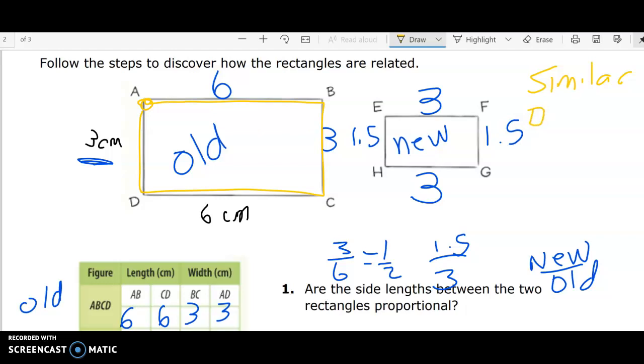So rectangle ABCD is similar, that's the phrase for similar, triangle, or sorry, rectangle EFGH. And so you notice that if I go along here, AB is 6 and EF is 3, so that's your similar statement.